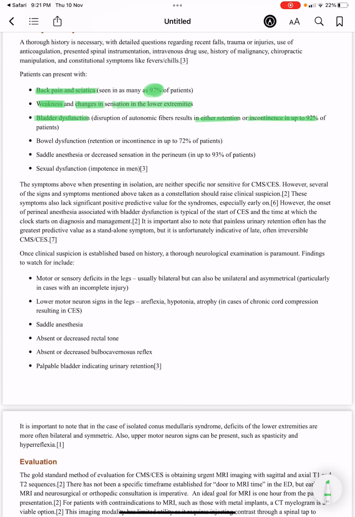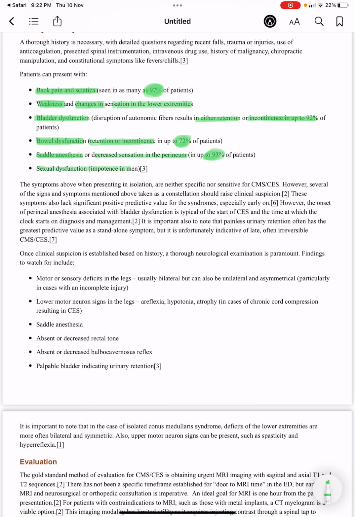Bowel dysfunction will be there too, again retention or incontinence in up to 72% of patients. Saddle anesthesia, or decreased sensation in the perineum, in 93% of patients. And sexual dysfunction, impotence in men.